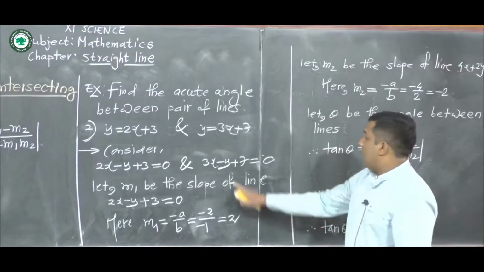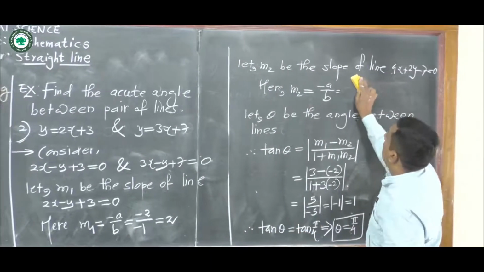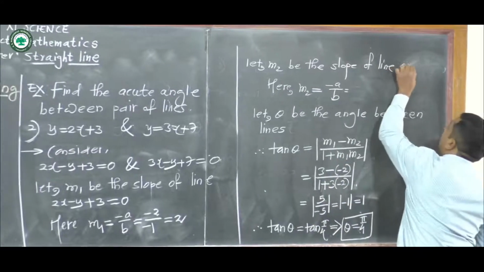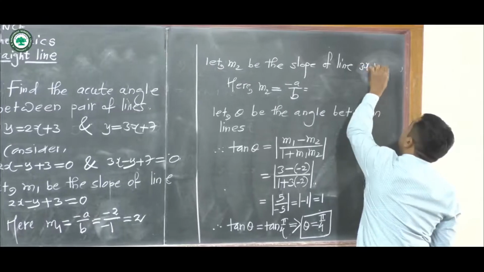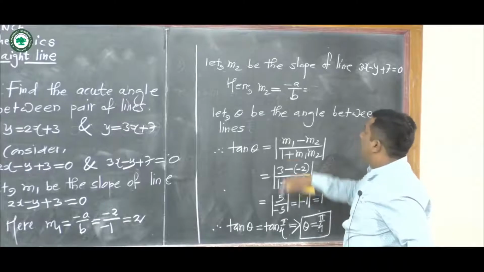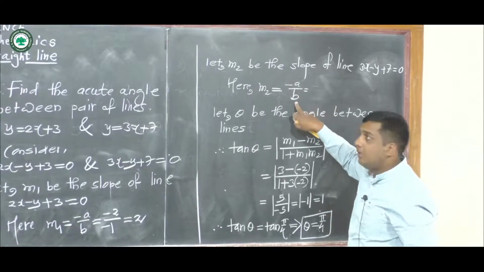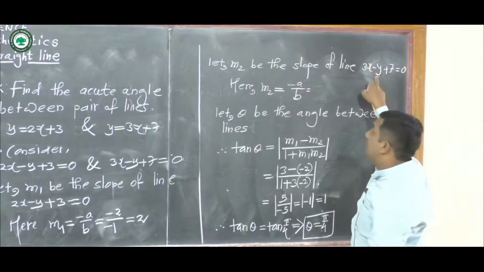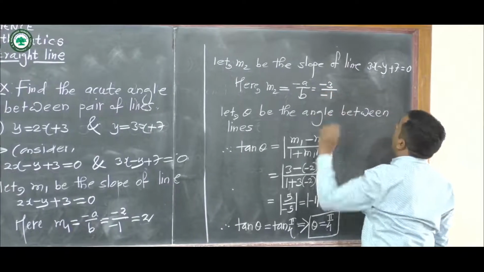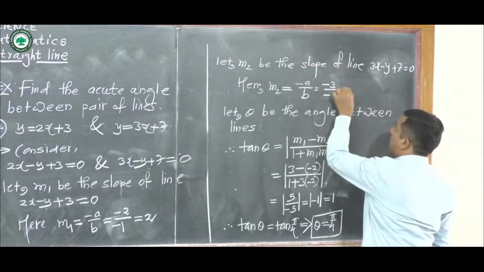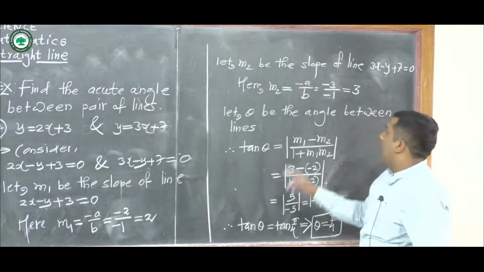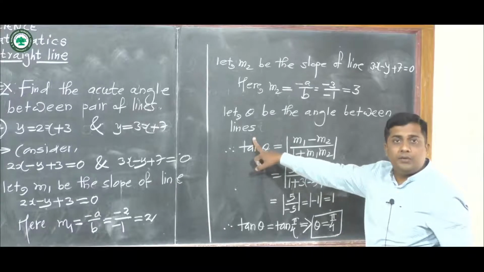Let m2 be the slope of the line 3x minus y plus 7 is equal to 0. Again, to find m2, we consider minus a upon b. Here a is 3, b is minus 1. So minus 3 upon minus 1 is 3. So m2 is 3. Let theta be the angle between the given lines.